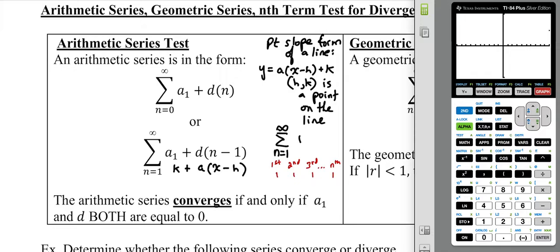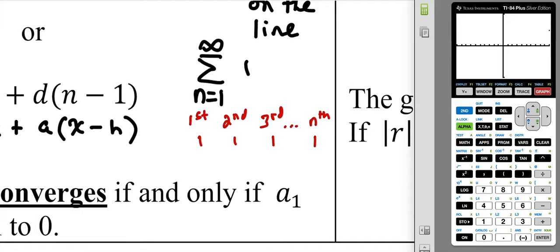So I'm going to have a slope, quote unquote an a value, of 0, because there's no change. So the a value is equal to 0.